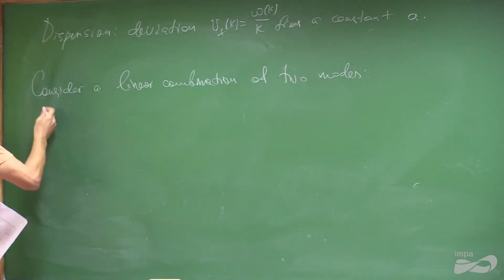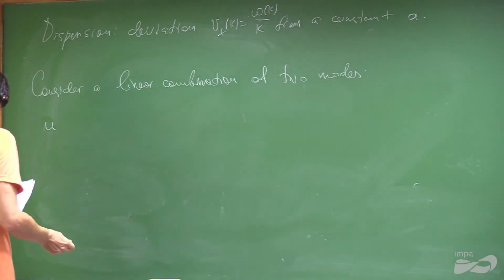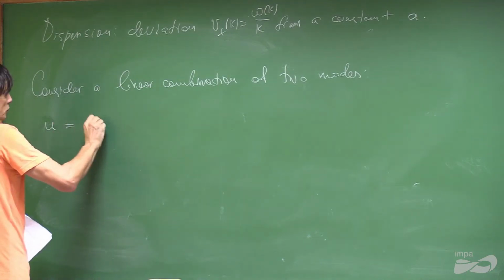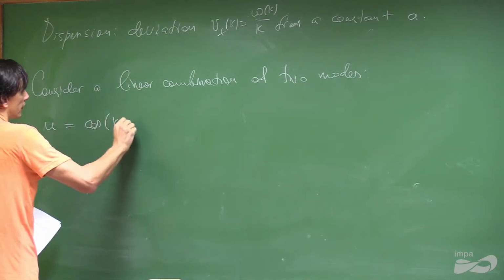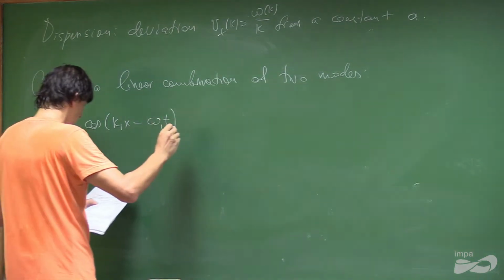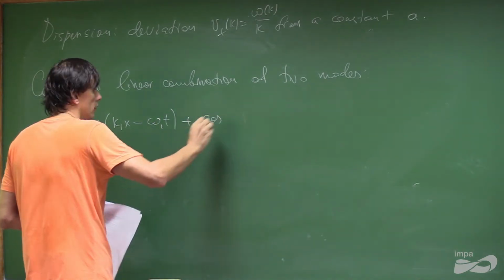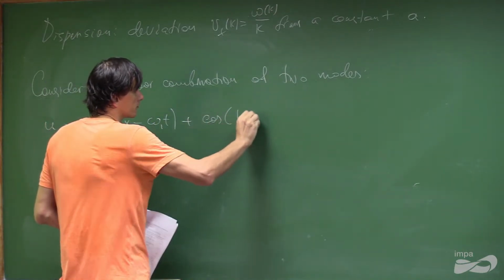Since this equation is linear, any linear combination is a solution. So we get a solution which is cosine(k1 x minus omega 1 t), and let's take another one, with coefficients 1, just exactly a combination of these two solutions.